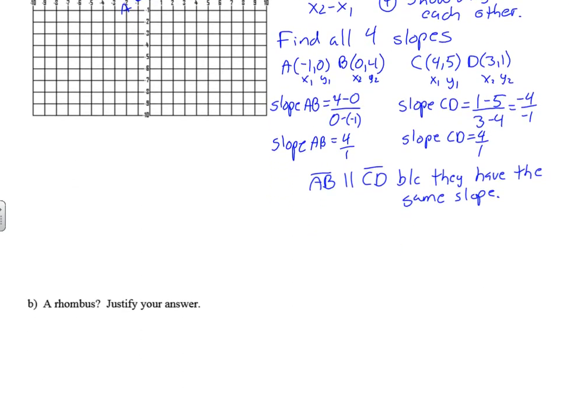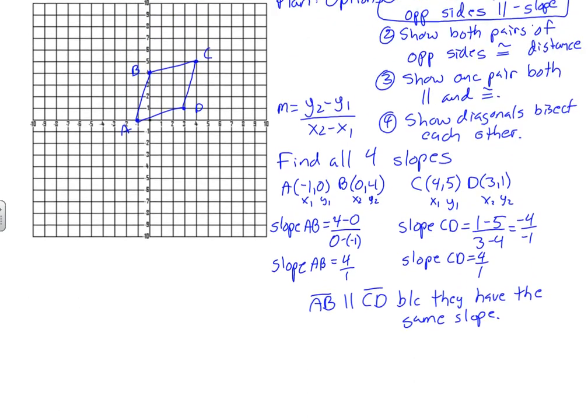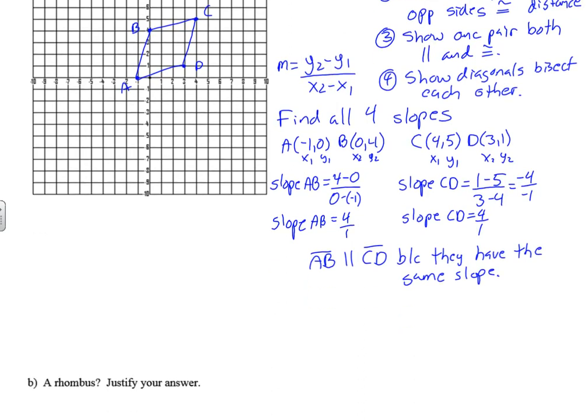Now, the next thing I'm going to do is find the slope of the other side. So let's go ahead with BC. Point B is 0, 4. Point C is 4, 5. So x1, y1, x2, y2.